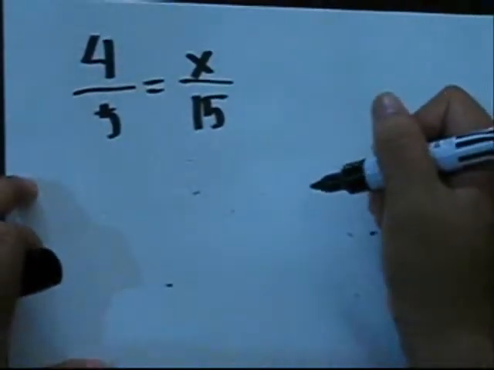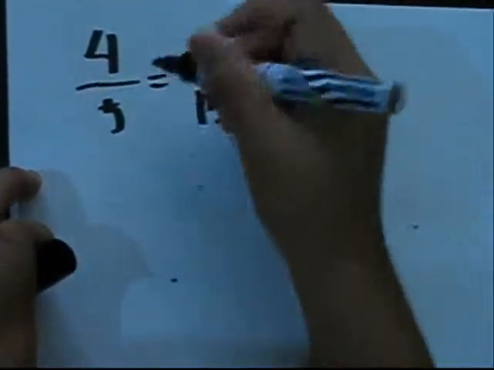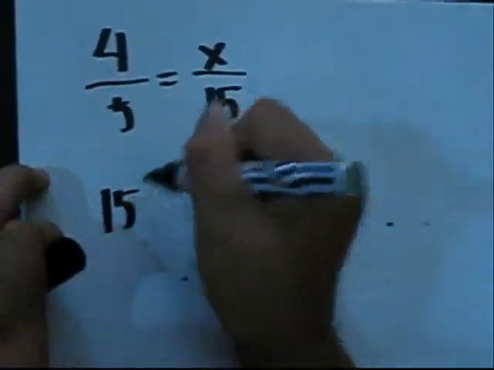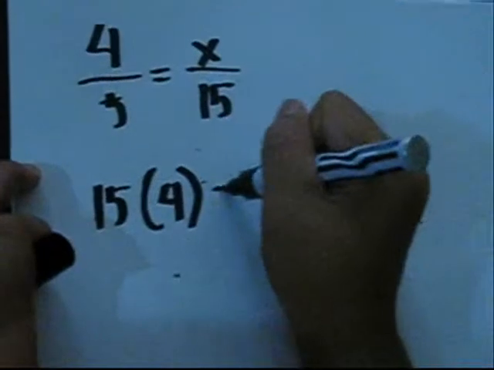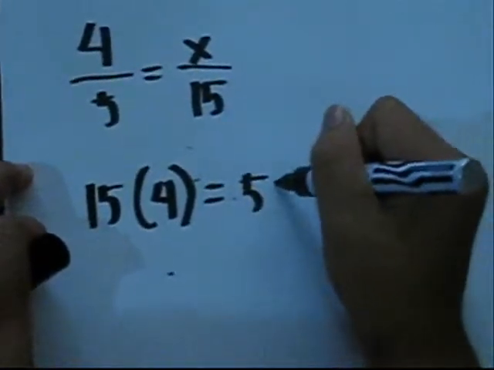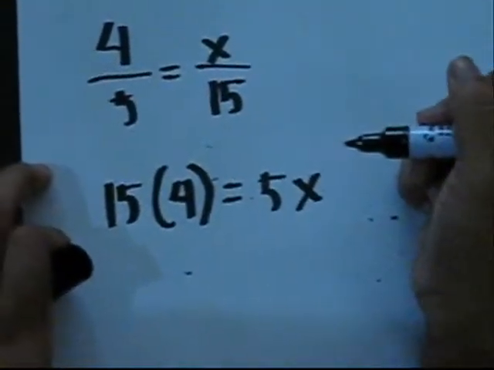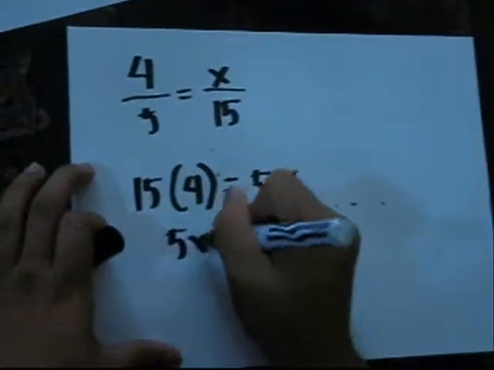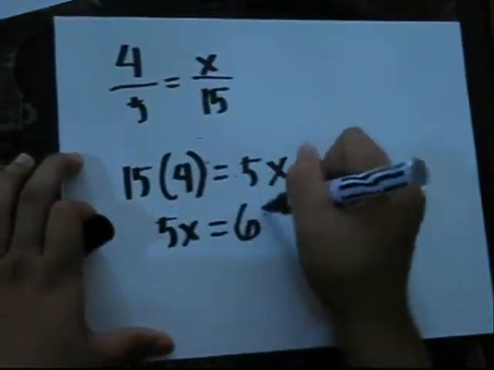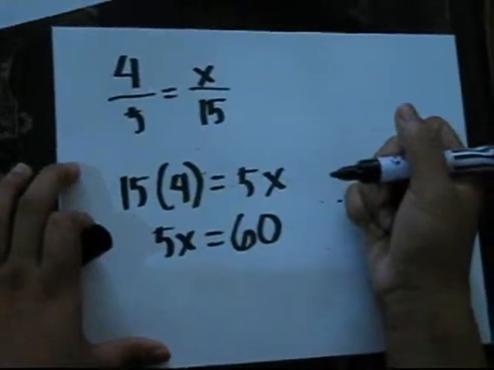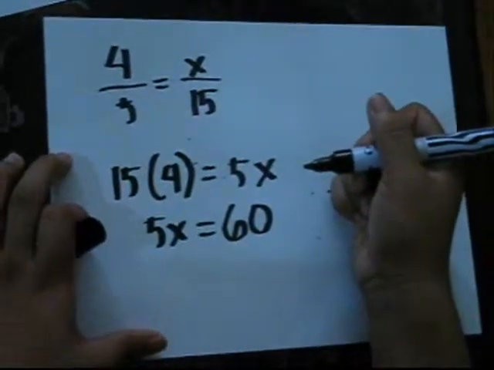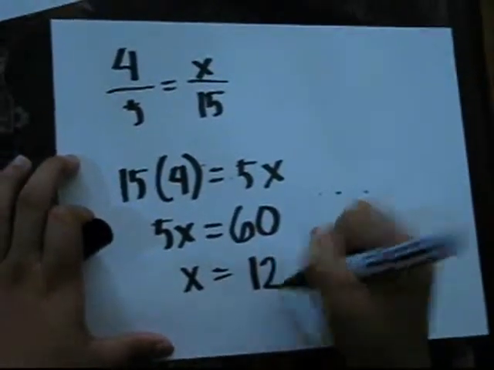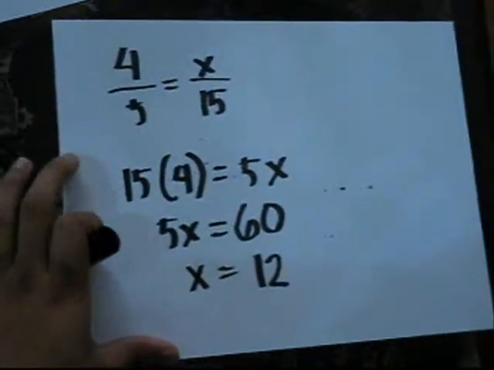What we will do is cross multiply the terms, 5 and x, and 15 and 4. 15 times 4 is equal to 5 times x, or 5x. The result would be 5x is equal to 60. We multiply both sides by 1/5, and therefore x is equal to 12. Then 12 is the missing term.